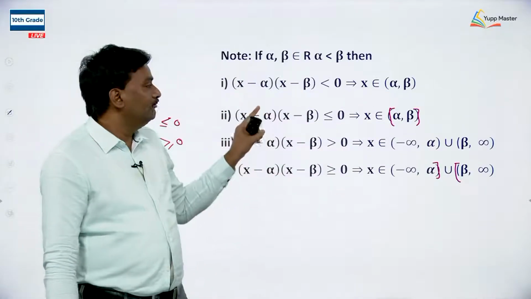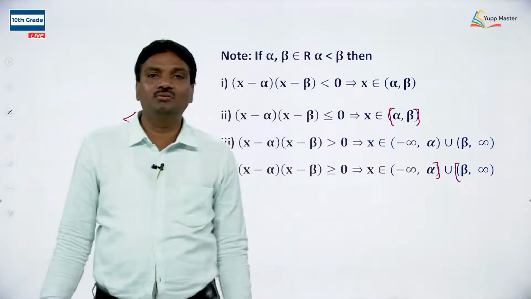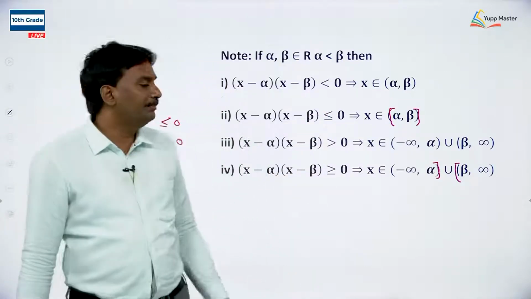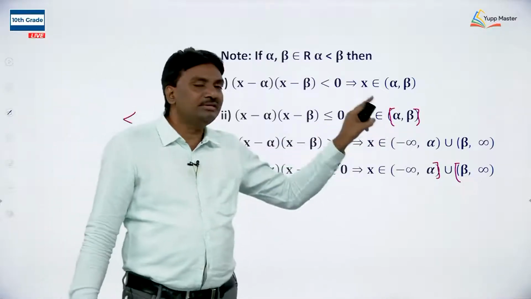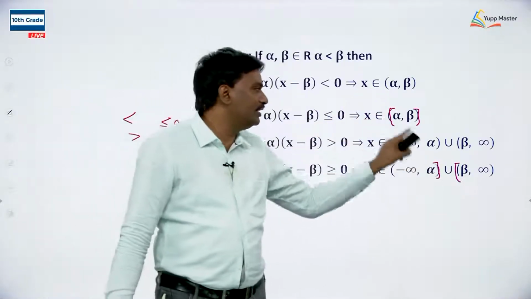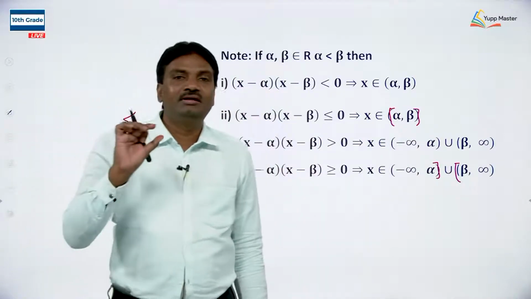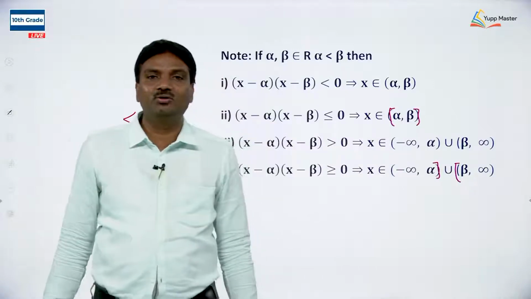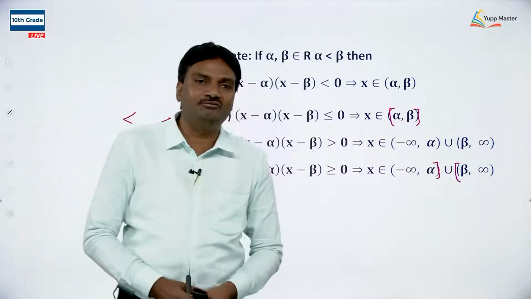If we have less than or equal to 0 or greater than or equal to 0, for alpha comma beta take square bracket. For minus infinity and plus infinity always take open bracket only, because they are undefined values.